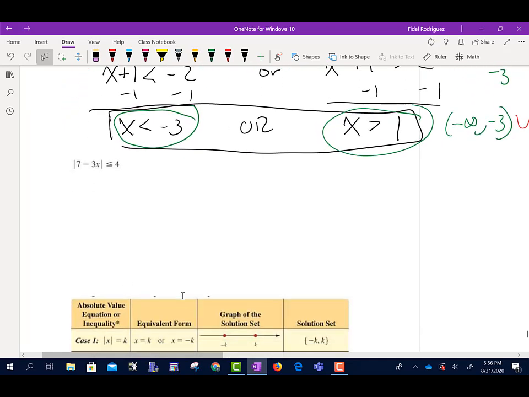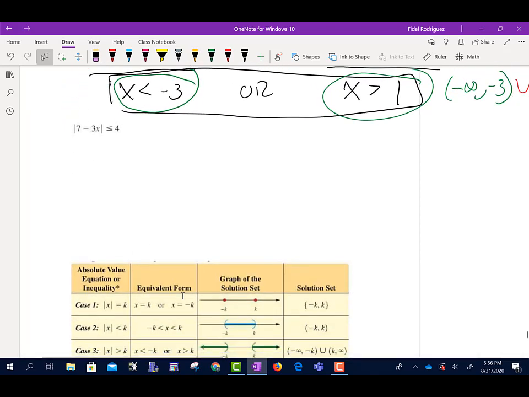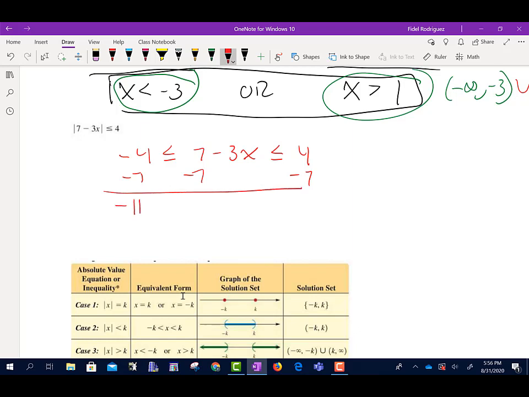And so for the next problem that I have here, we're going to use formula number 1, right? So I'm going to go negative 4 is less than or equal to 7 minus 3x, which is less than or equal to positive 4. So let's go minus 7, minus 7, negative 11, less than or equal to negative 3x, which is less than or equal to negative 3.